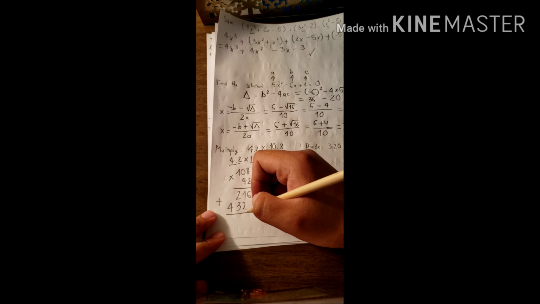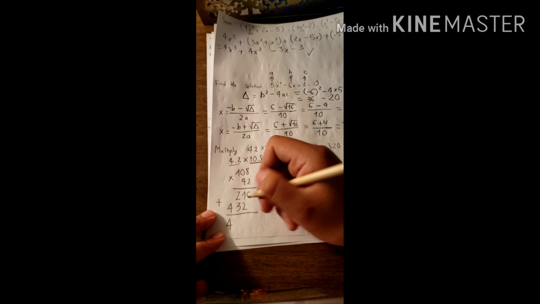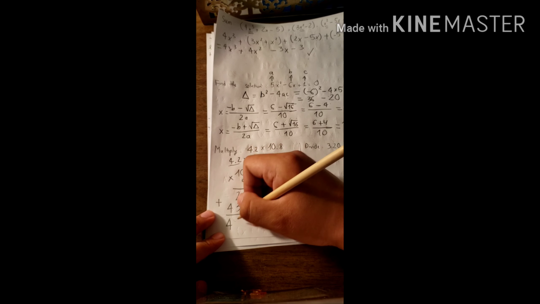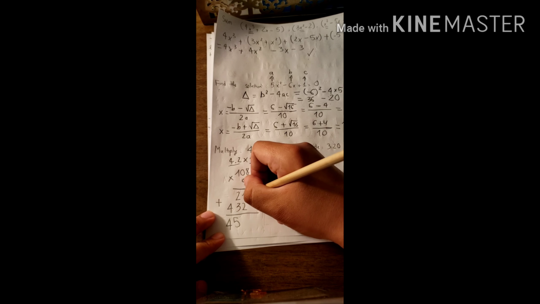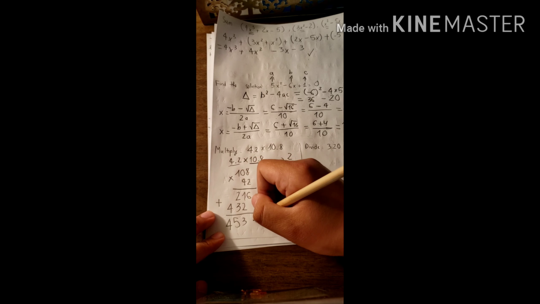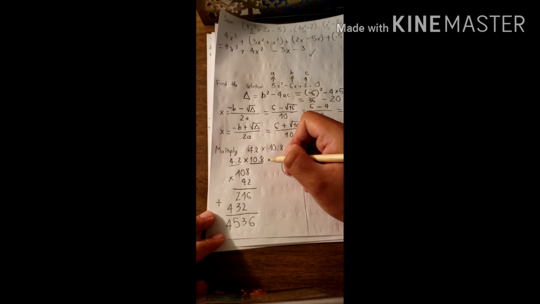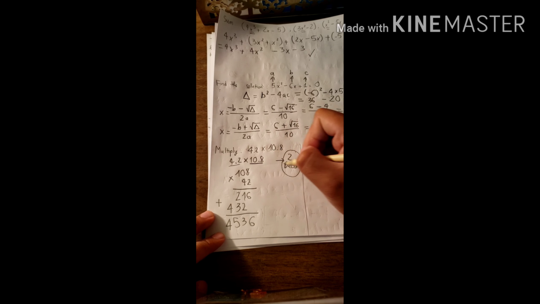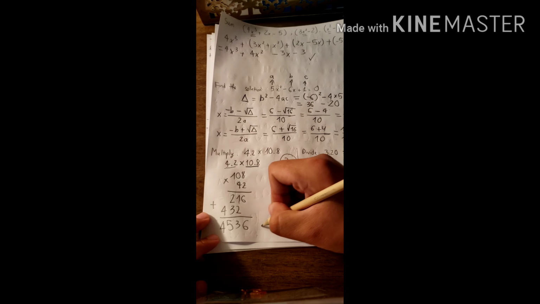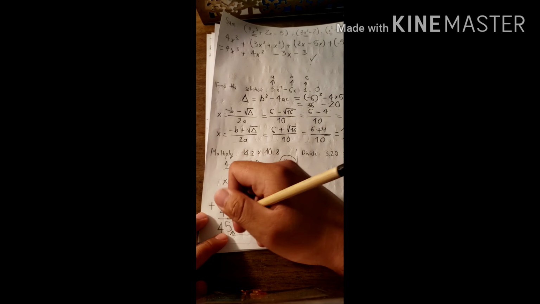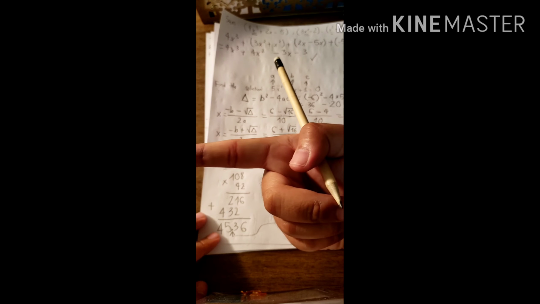And we have the answer is 4. 2 plus 1 is 5. 2 plus 1 is 3 and 6. But there are 2 decimals in here. If 2 decimals multiply together, they will move over there. There are 2 decimals, they go to the left. So that we have the answer key is 45, not 36.